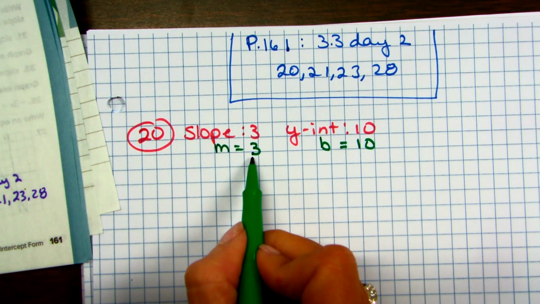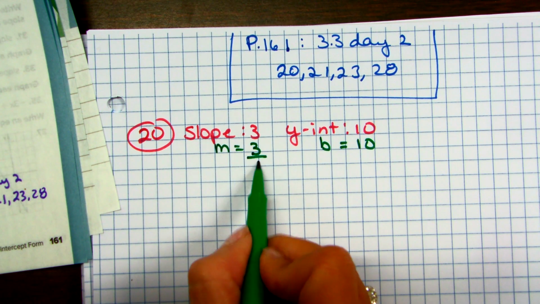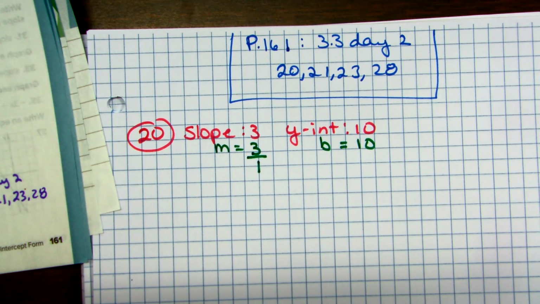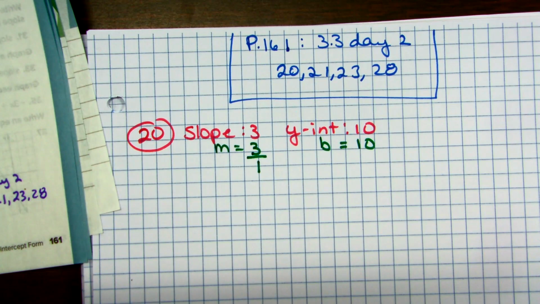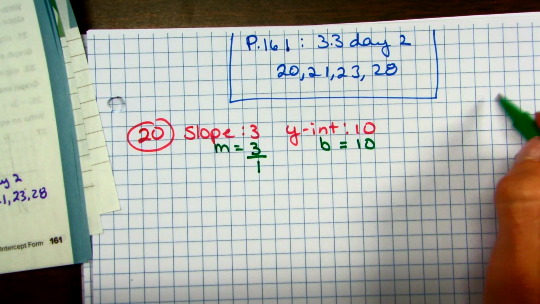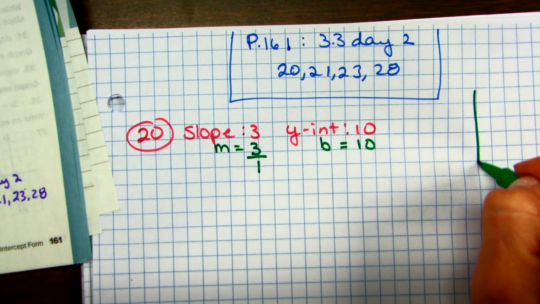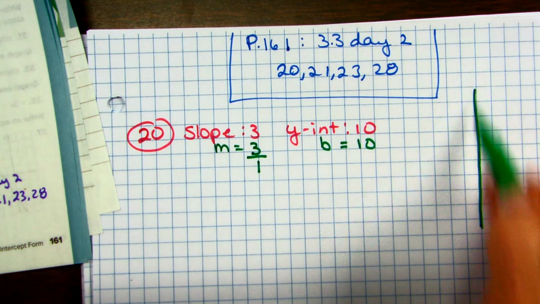Remember, if your slope isn't a fraction, let's just make it one. Easy peasy. Now, you have to draw your own graph. And there's no wrong way of doing it. Okay? No wrong way. But this b value is 10, pretty big, and it's going to take up a lot of my paper.